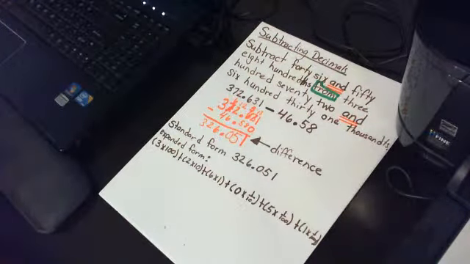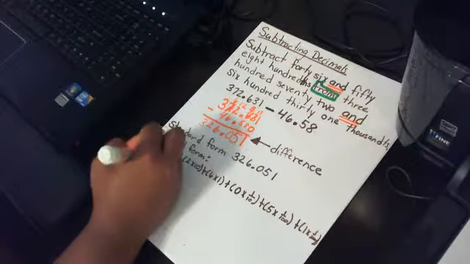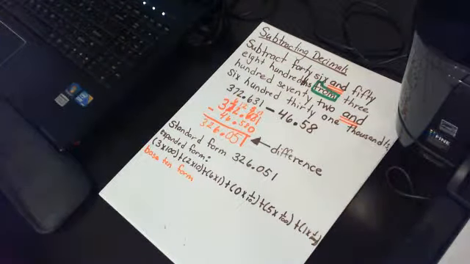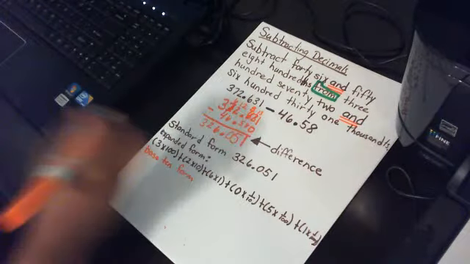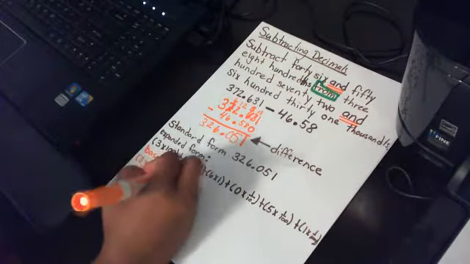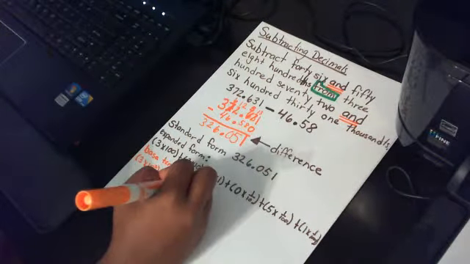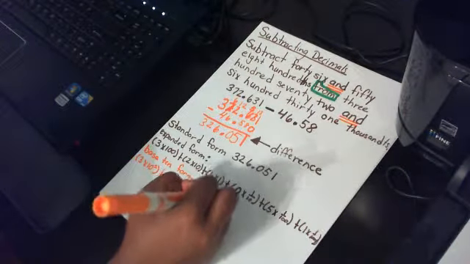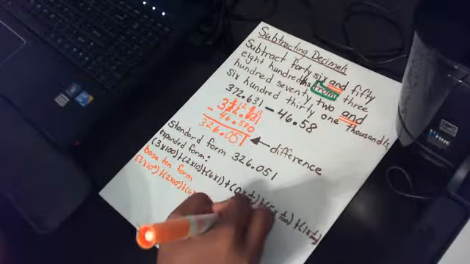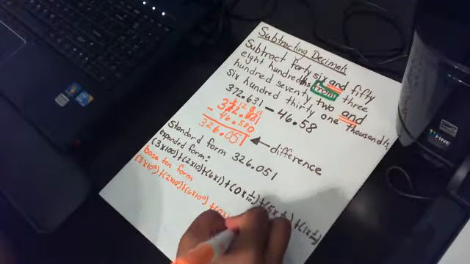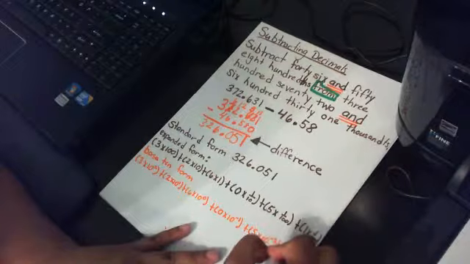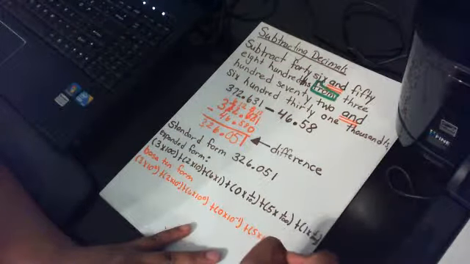So now that we've had expanded form, we need to write it in base 10 form. And remember, with base 10 form, we use a 10. So I get parentheses 3 times 10 to the second plus 2 times 10 to the first plus 6 times 10 to the 0 plus 0 times 10 to the minus 1 plus 5 times 10 to the minus 2 plus 1 times 10 to the minus 3.